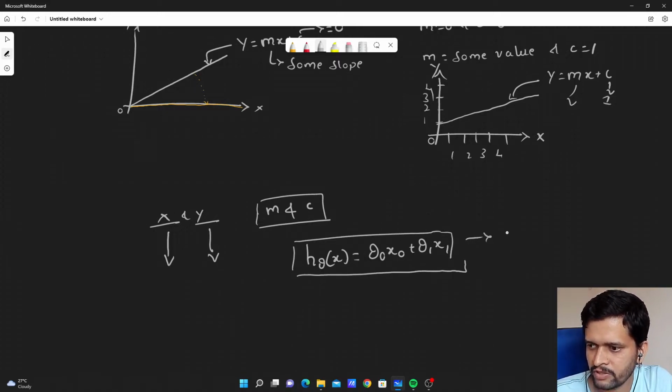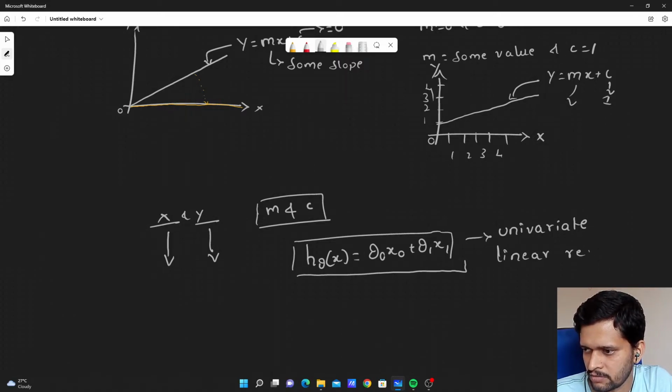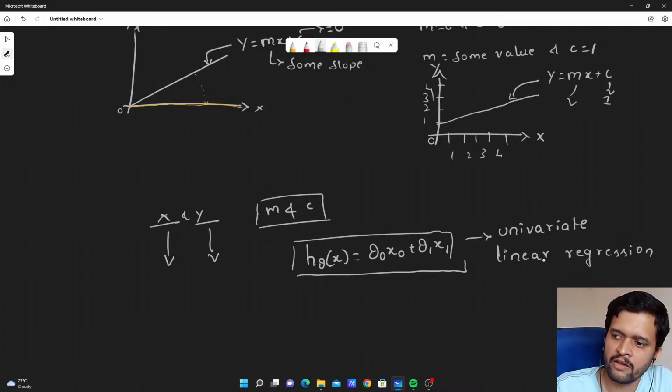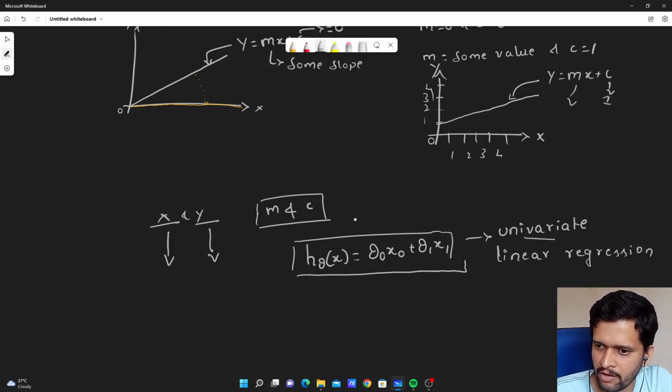To be more specific, it is called univariate linear regression. Why is it called univariate? Because we have only one variable, x1.